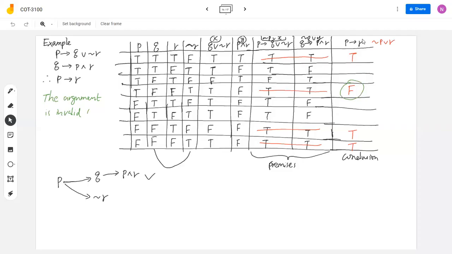However, on the other branch, we have P implies not R, but our conclusion is P implies R. So assuming P, we have both R and not R, and this is called a contradiction.